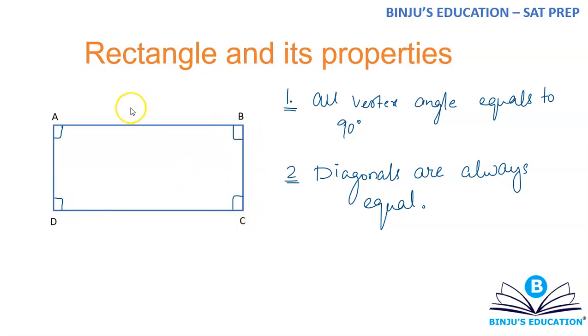You can take the longer side to be L and the shorter side to be W, and if you want to draw the diagonal, you can connect B with D, and you can use the Pythagoras theorem in either ABD or BCD, and you'll get this diagonal is equal to under root of L square plus W square.